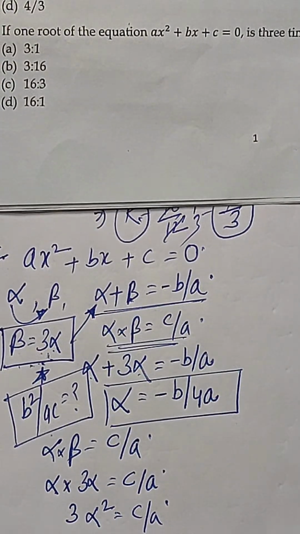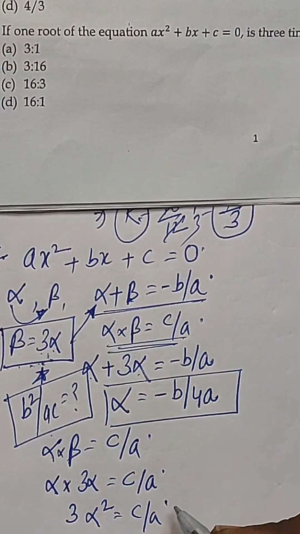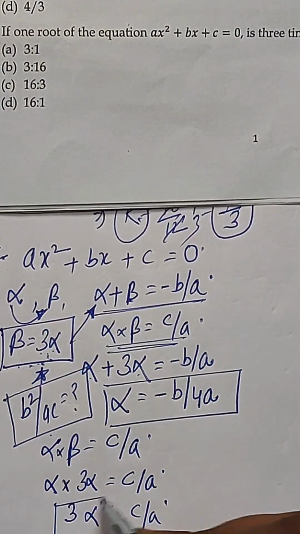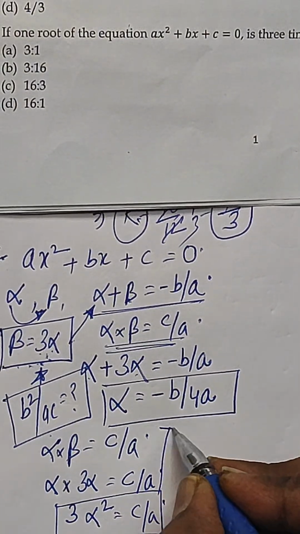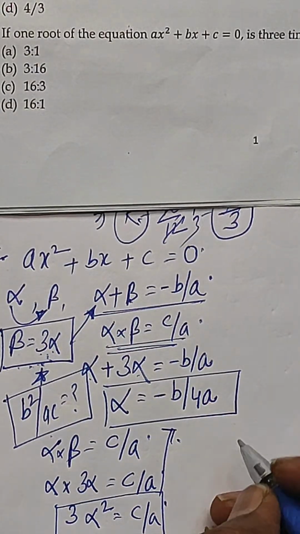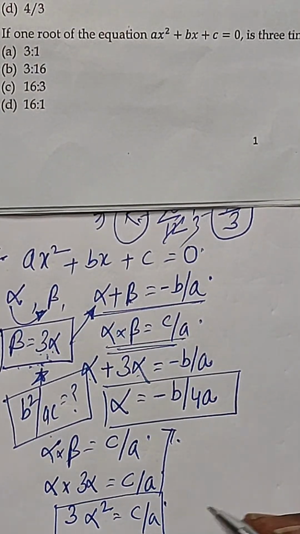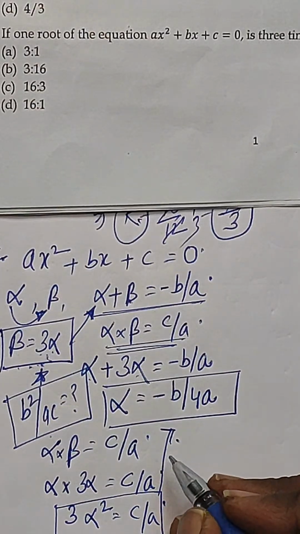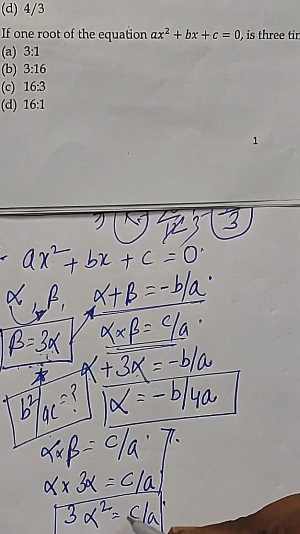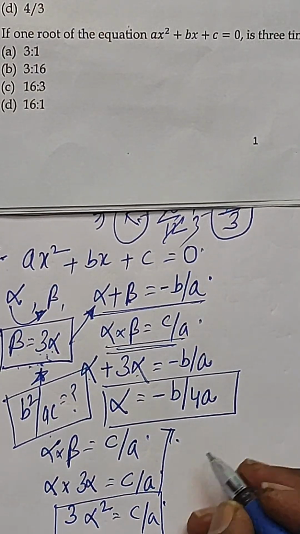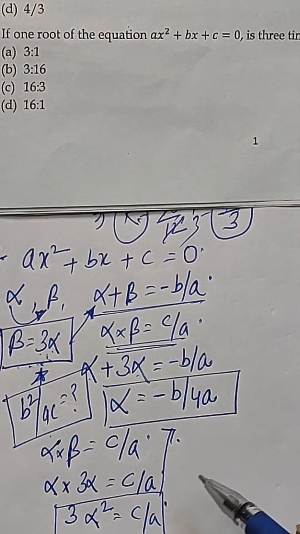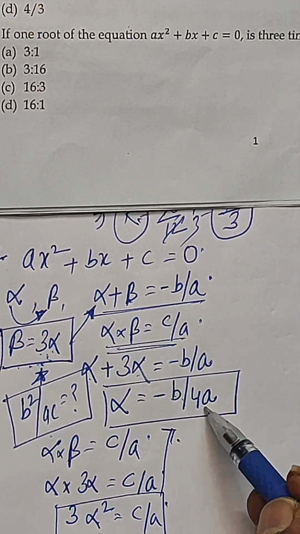3 alpha square equal to c by a. Seeing over here, instead of alpha you can just write what we have calculated, minus b by 4a.